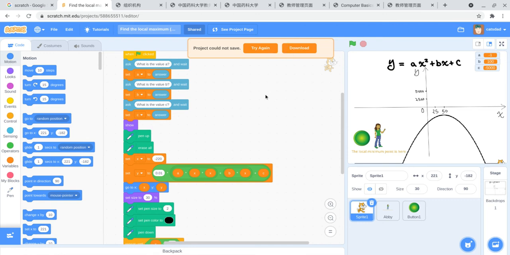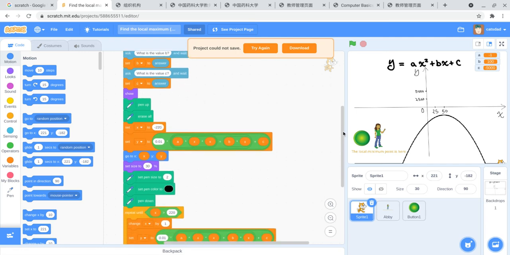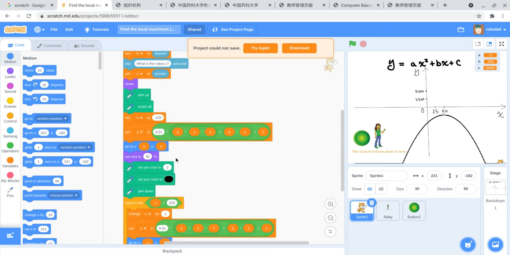There's something I need to explain. Here you see the x starts from negative 220, which is around here, and it sets the y coordinate to be a x squared, x times x, plus b x plus c, but also multiplied by 0.01.